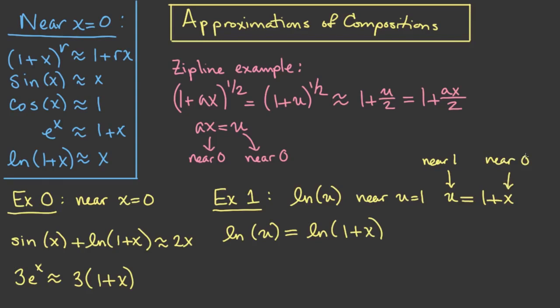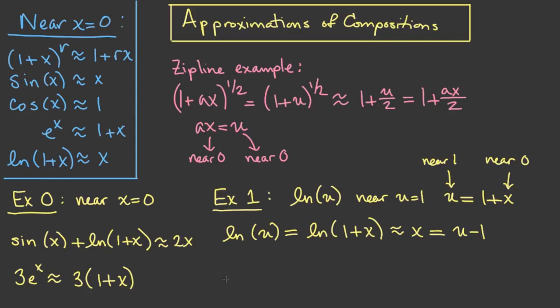So I can use the basic approximation. Log of 1 plus x is approximately x near 0. Substituting back in u for x, we get that this is approximately equal to u minus 1.